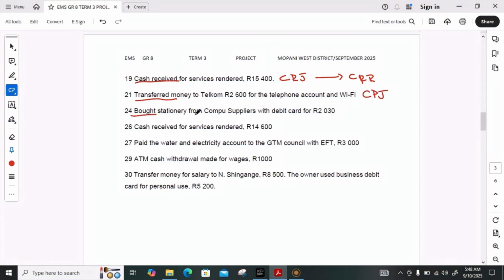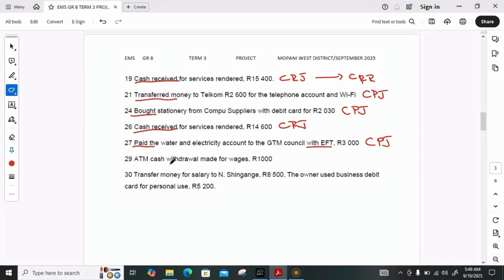Bought stationery from Compu Suppliers with a debit card, so we paid with a debit card for 2,030 Rand, CPJ. Cash received from services rendered, that will be CRJ. Paid the water and electricity account to the GTM Council with EFT 3000. Again, here we have CPJ.